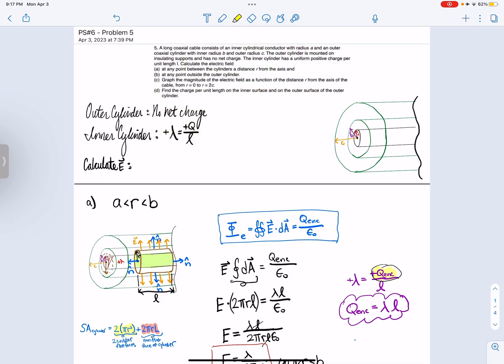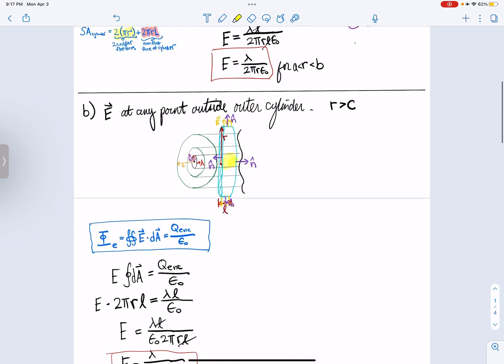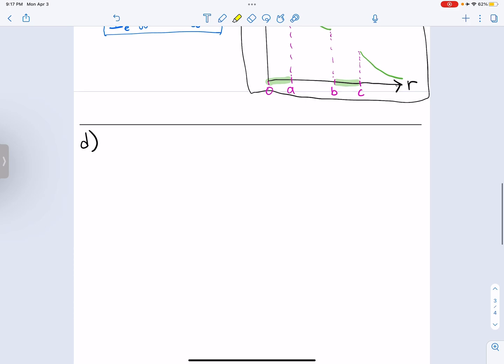So find the charge per unit length on the inner surface and also on the outer surface of the cylinder. All right, so let's start with the inner surface.